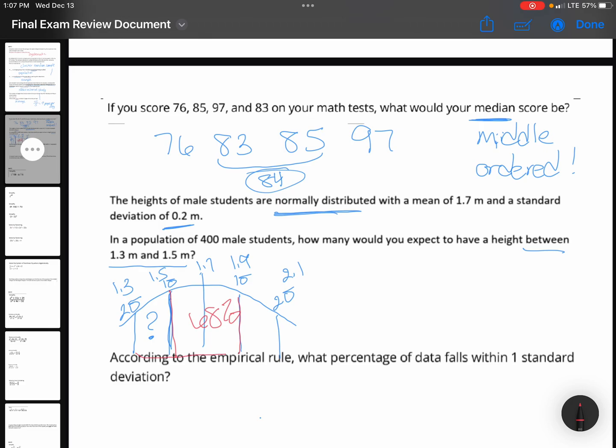Okay, and then 2 standard deviations from the mean, so 1 standard deviation, remember, is 68%. 2 standard deviations would be 95%. And then 3 standard deviations would be 97.5%.